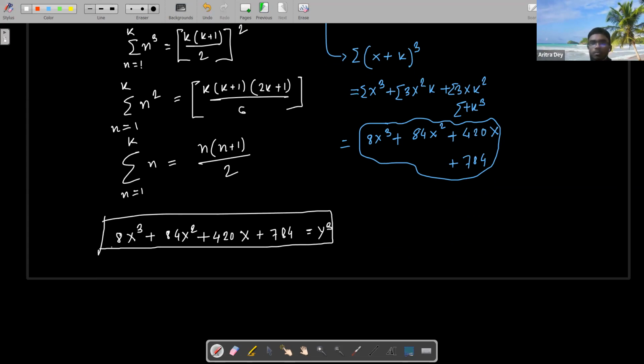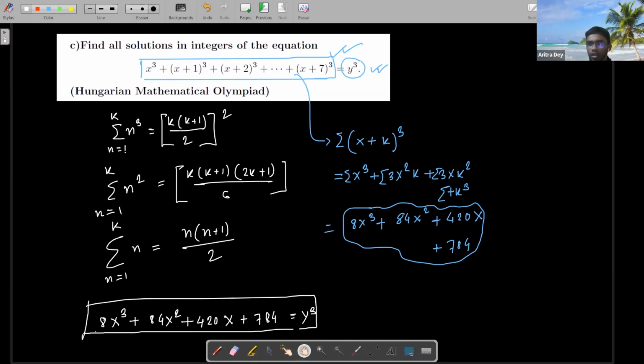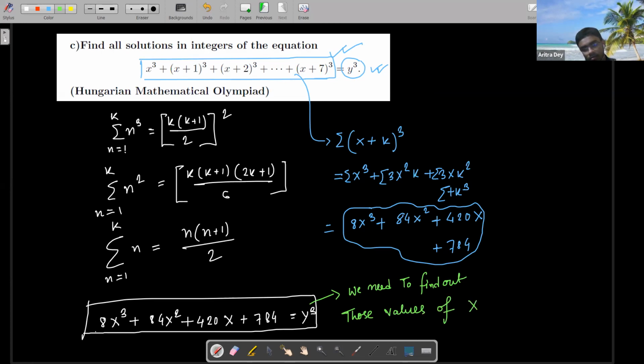So our problem basically reduces to this: we need to make this particular expression a perfect cube. Means we need to find those values of x which make it a perfect cube.